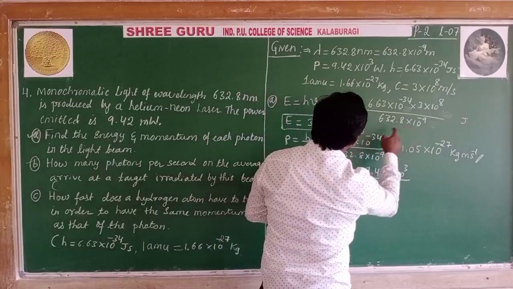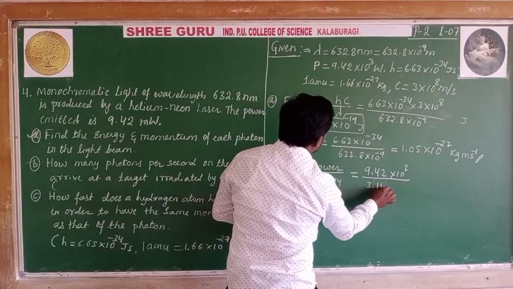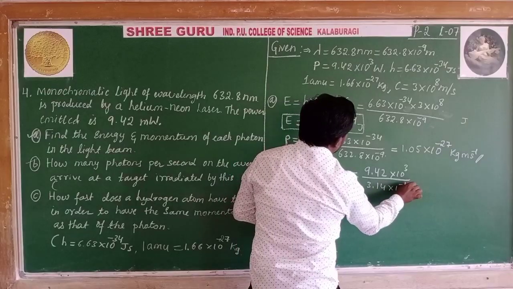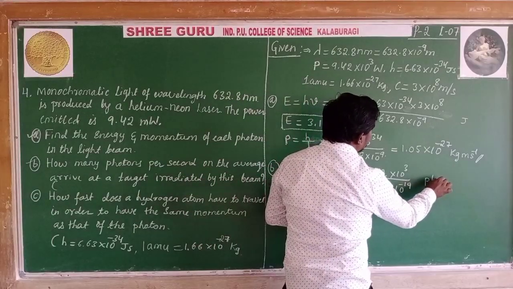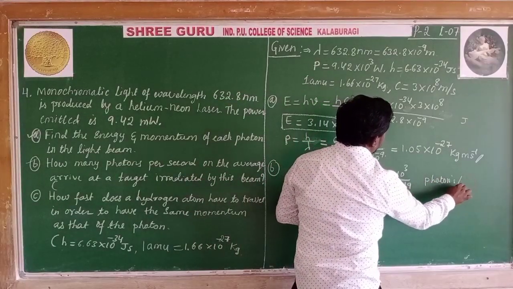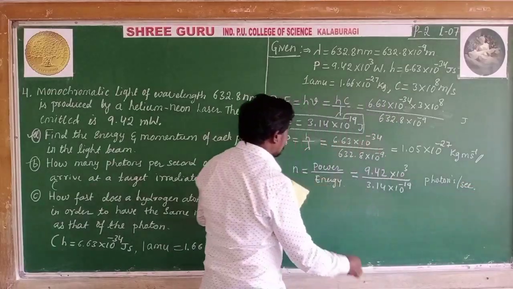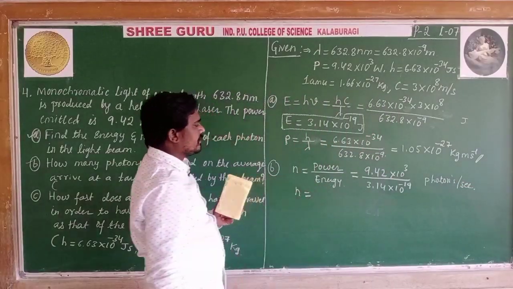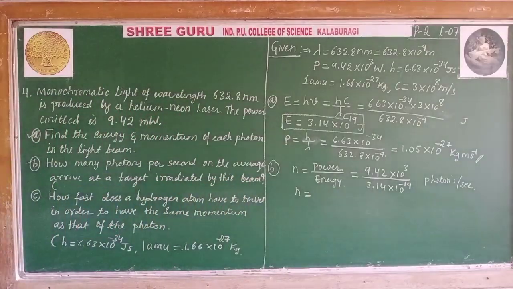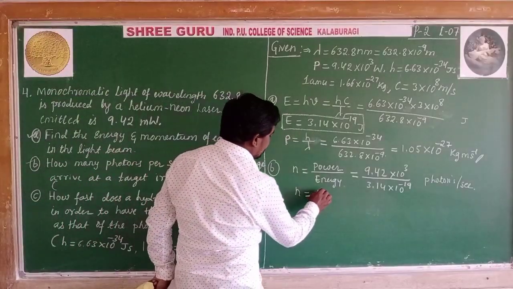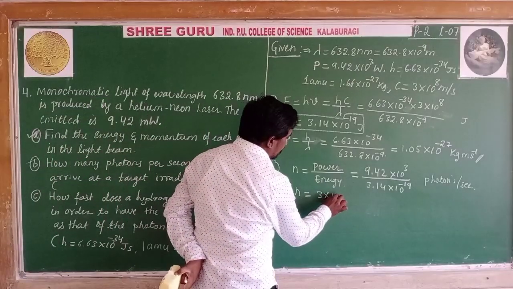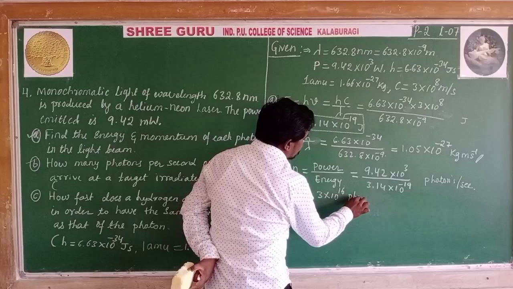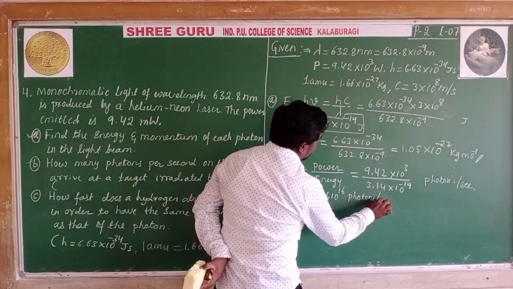Already we got the answer, that is 3.14 into 10 raised to minus 19. Just convert to photons per second. What is the answer? You just calculate yourself. The answer is 3.0 into 10 to the power 16 photons per second.